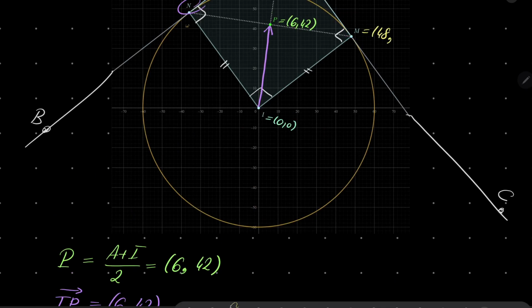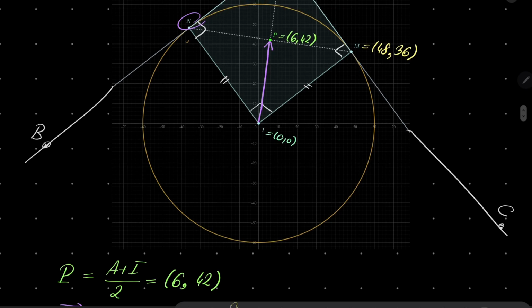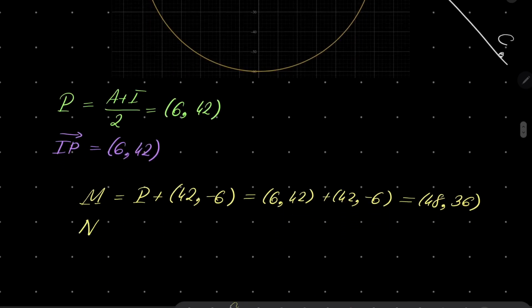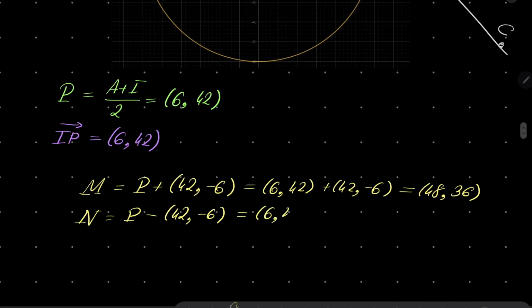(48, 36). And how can we find the point N? Well, the same thing, but we go in the other direction. So N equals P minus (42, -6), which is (6, 42) minus (42, -6), which is (-36, 48).